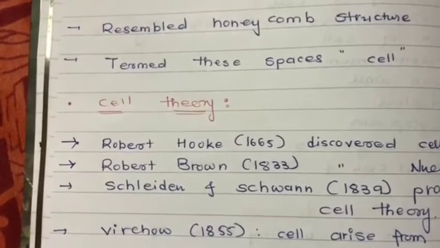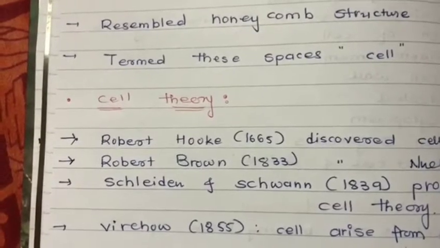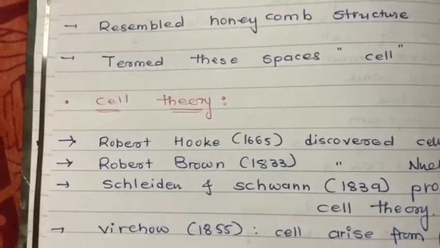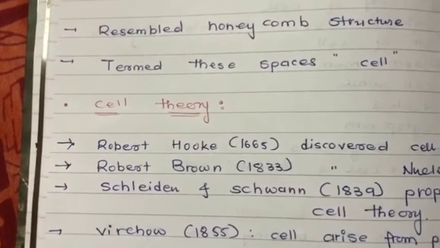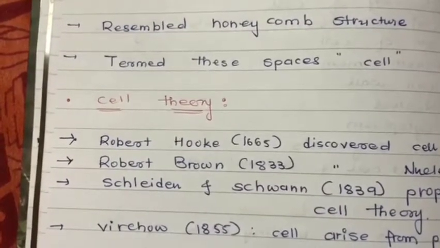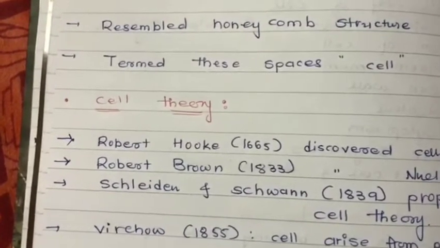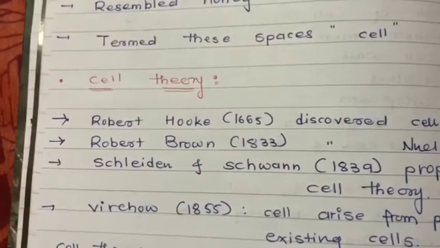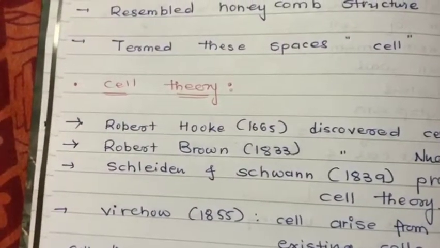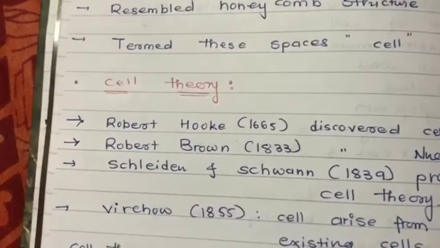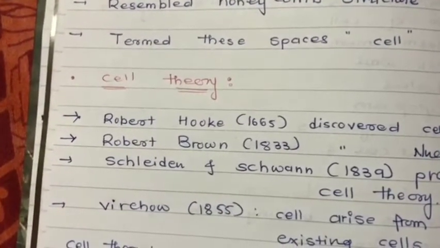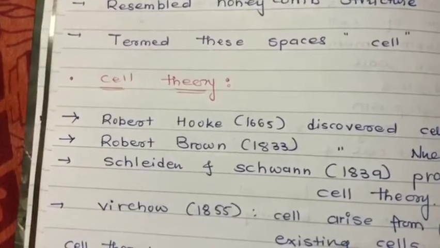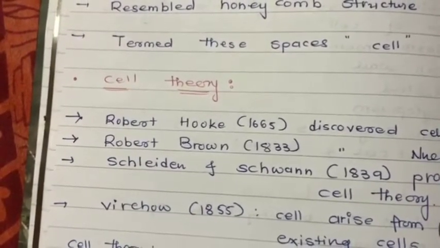After that, many scientists studied the cell, and in 1833 Robert Brown discovered the nucleus. The nucleus is a microscopic structure in the middle of the cell, right? In the 1600s to 1800s, for a long time, the microscope was not so magnifying; it was simple.